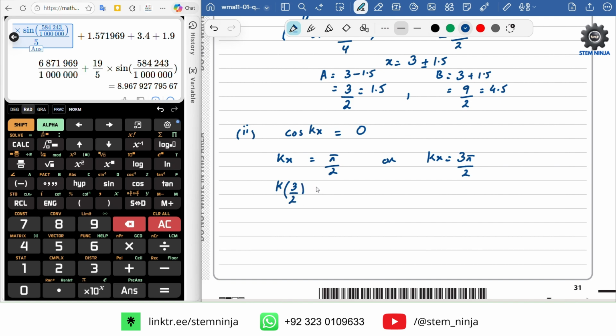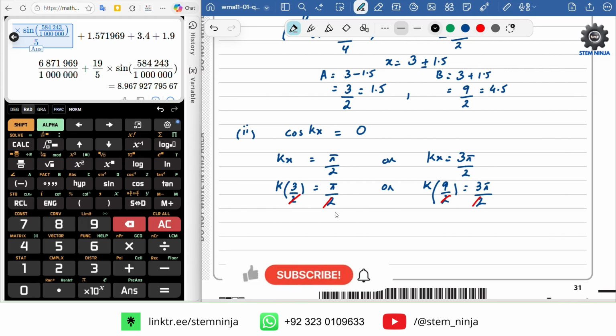So 3 by 2, pi by 2, or it should come out to be one value, 9/2, 3 pi by 2. So 2 and 2 get cancelled, 2 and 2 get cancelled. So notice both ways you're getting k equal to pi by 3. Both ways. This is 3 pi by 9, which is also 1/3 pi.